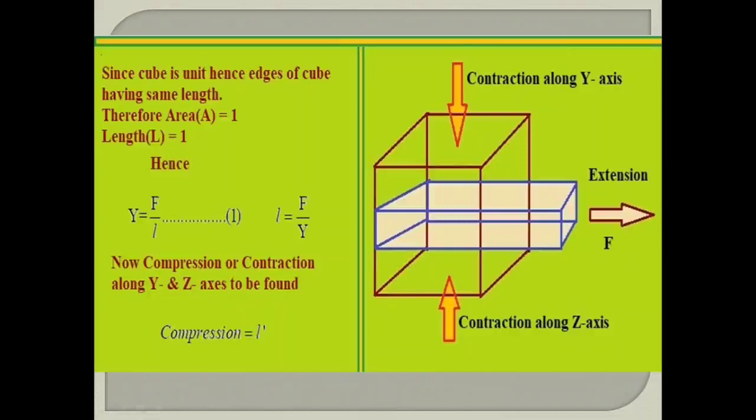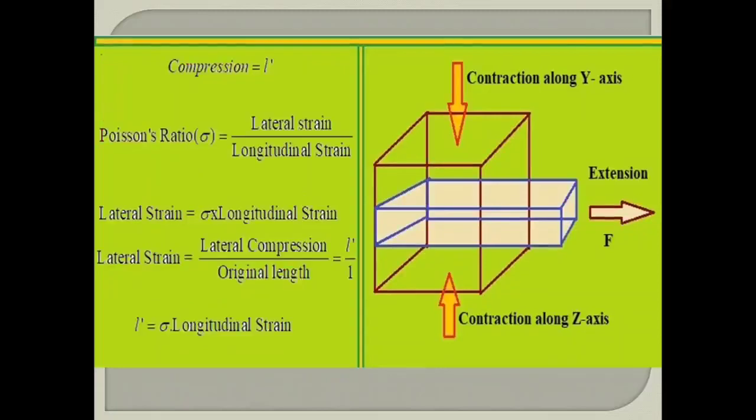Here compression is equal to L dash, and we are familiar with Poisson's ratio, which is denoted with the letter sigma. Poisson's ratio sigma is equal to lateral strain divided by longitudinal strain. So from that, lateral strain is equal to sigma into longitudinal strain.